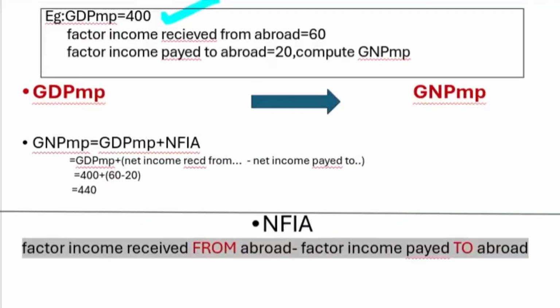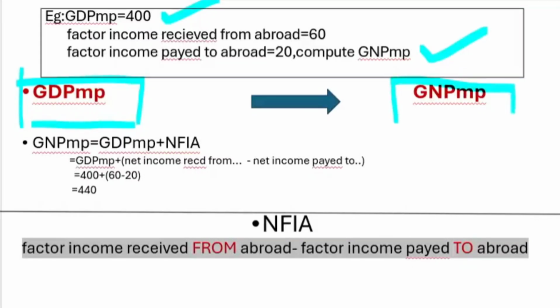So in the example, we do have GDPMP, which is 400. So what we have on the left hand side, the thought process is the same. Okay, and we need to compute GNPMP, which is to be written on the right hand side. Then we'll strike off the terms which are common. Do we have something common? Yes, G, gross is common, so we'll strike off them. Then market price is also common, so we'll strike market price on both sides.